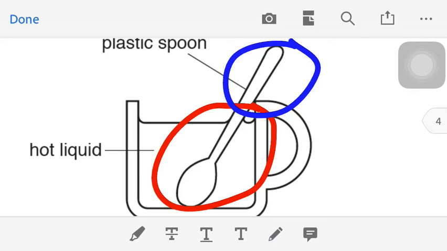Well, that's something that we're going to study, but just briefly letting you know, once the lower part of the spoon becomes hot, that means the atoms in the lower part start vibrating faster. They collide with the upper part atoms, so the lower part atoms collide with the middle part atoms, and the middle part atoms collide with the upper part atoms, basically transferring the kinetic energy.